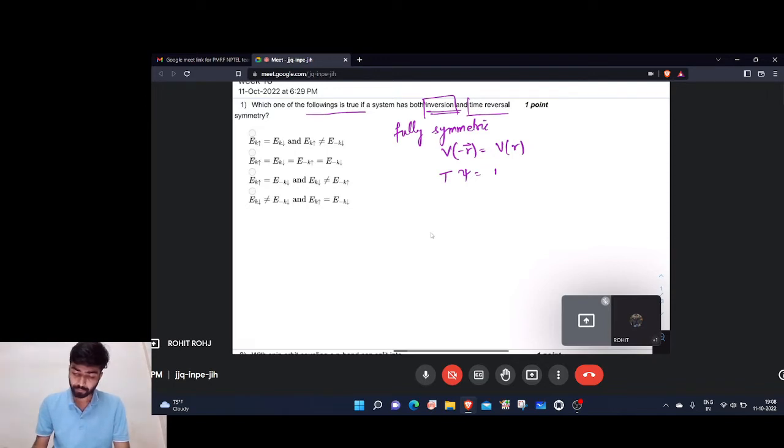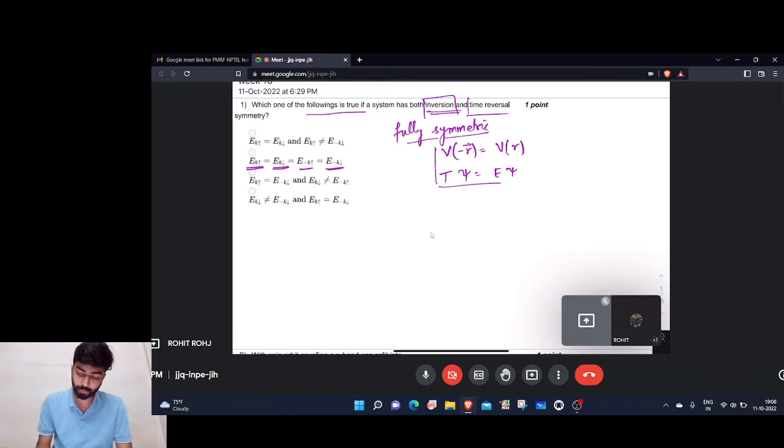So in such conditions, with all the symmetric operators, we also have symmetry in eigenvalues, and the full set of eigenvectors would be, in the case of the given options, E of k up will be equal to E of k down, and E of minus k for the up spin will be E of minus k for the down spin.